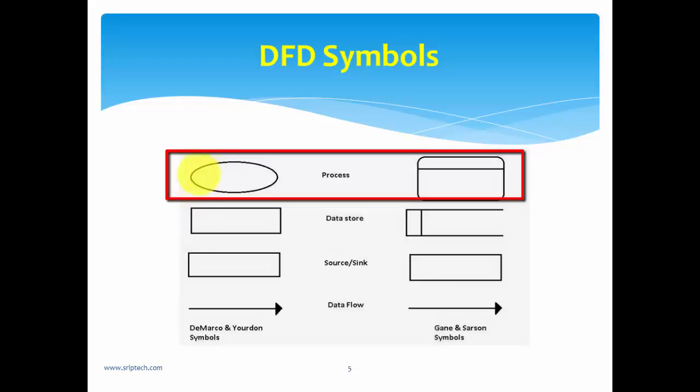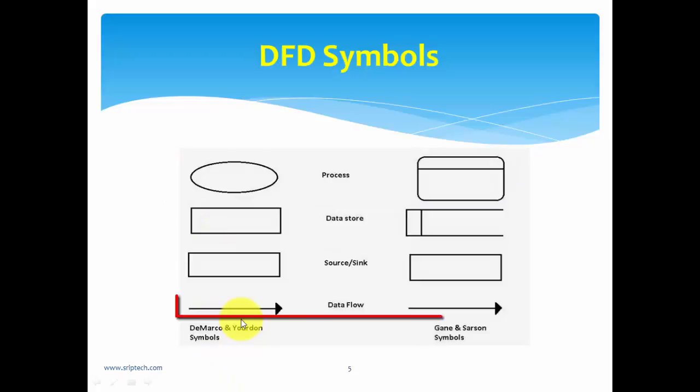The data from the source enters into a process. The process does some processing of the data and transfers it back to the source, or it stores that particular data into the data store. And the data flow is the path in which the data flows. So these are some of the symbols we use in our data flow diagram.